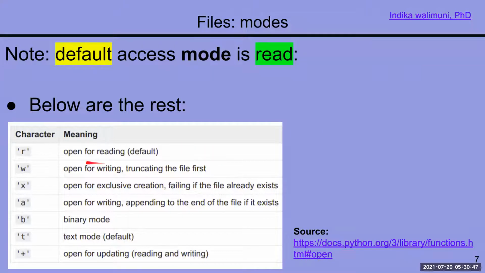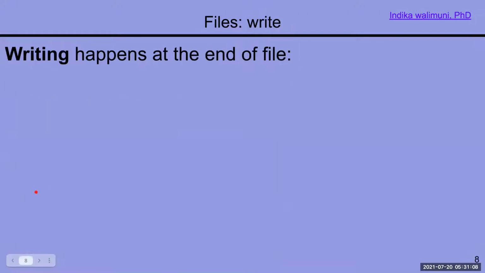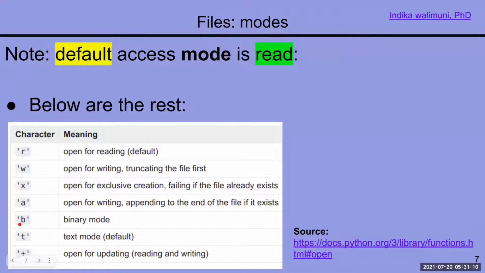We already learned R and W. R is open for reading. W is writing, opening a new file for writing. And X mode, basically if the file exists, it would not open a new file, otherwise it opens a new file. A is for appending, and B is for binary mode, which we're going to learn in our next lesson, lesson 3.